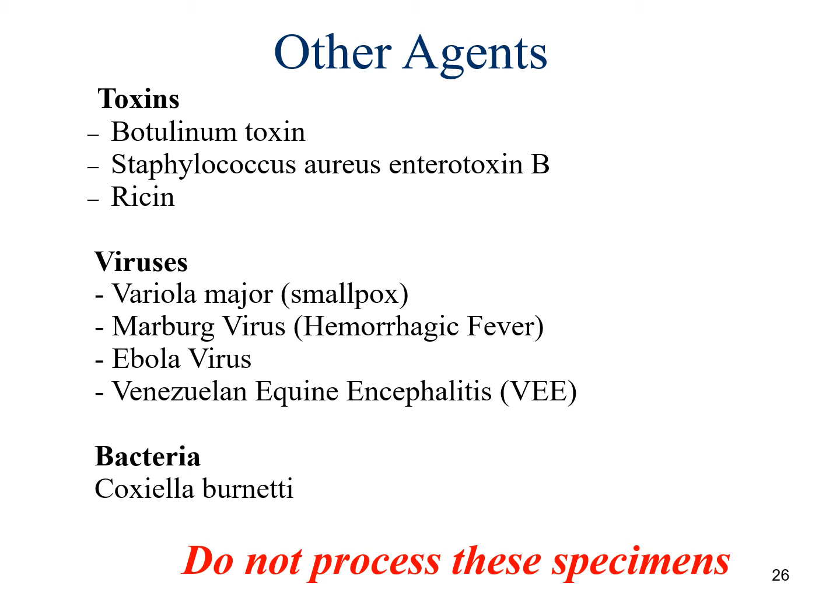Viruses include variola major, the causative agent of smallpox, the Marburg virus, which causes hemorrhagic fever, Ebola virus, and Venezuelan equine encephalitis. Additional bacteria include Coxiella burnetii, but then remember the organisms we discussed are not all inclusive of all the possible agents of bioterrorism.